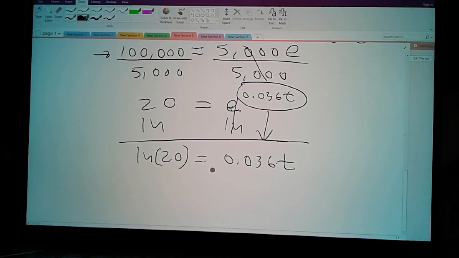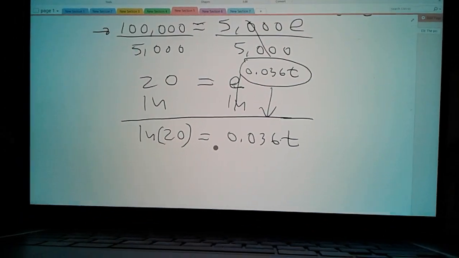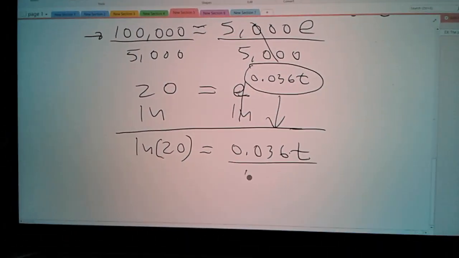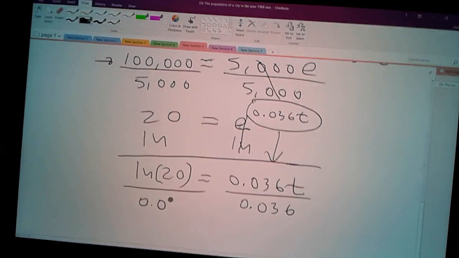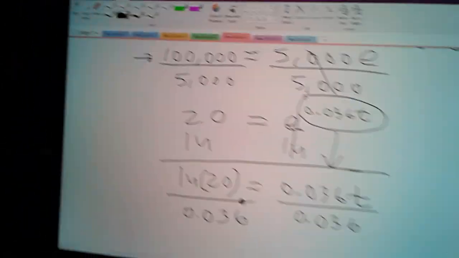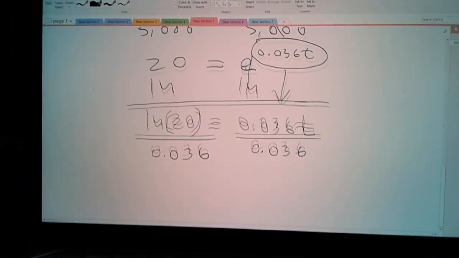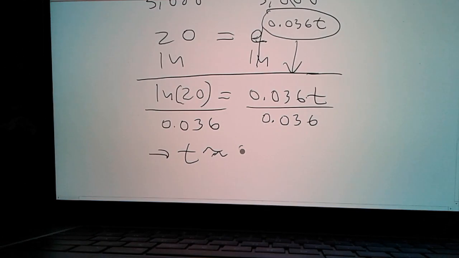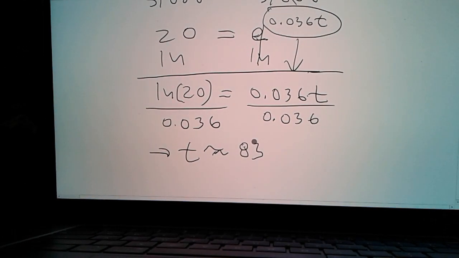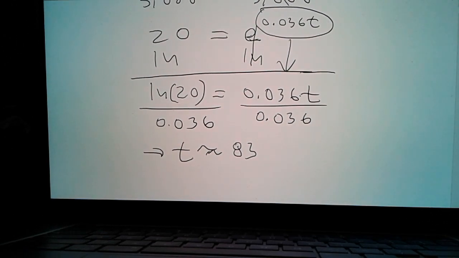Well, divide both sides by 0.036. And then I'll pretty much have the answer almost. So ln of 20 divided by 0.036 gives me that t is approximately 83. It's a little bit more, but let's round it to 83.